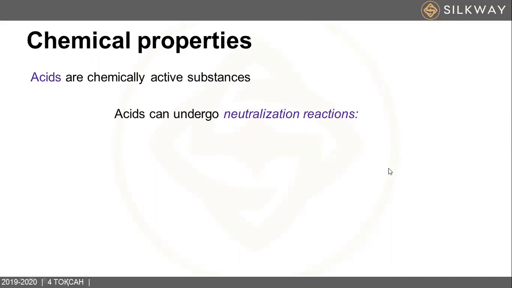Chemical properties of acids. Acids are chemically active substances. It means they can react with a lot of substances. Acids can undergo neutralization reactions. When acids react with base, we say that it's a neutralization reaction, and it will produce salt and water.